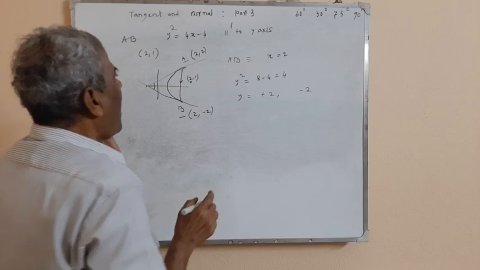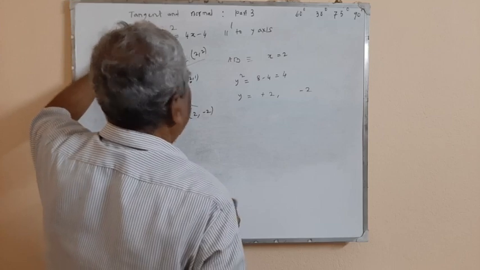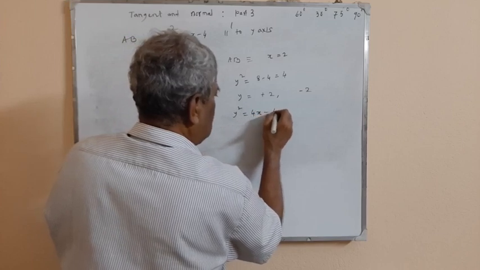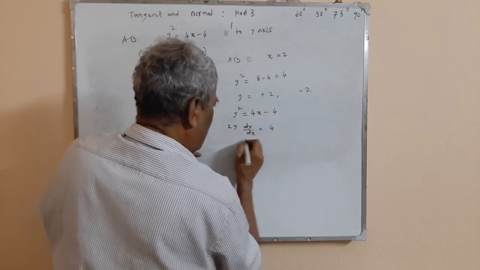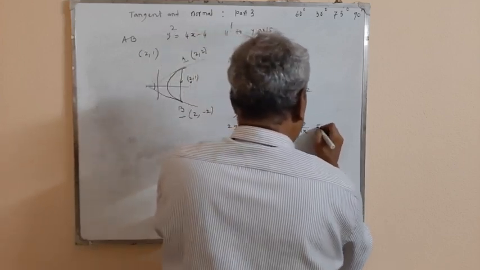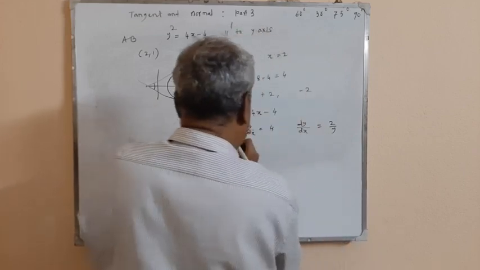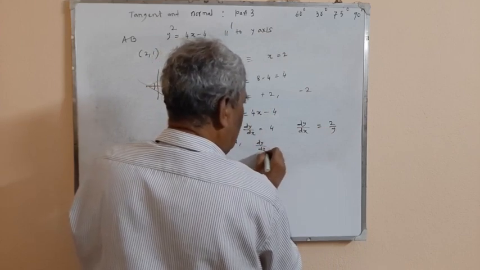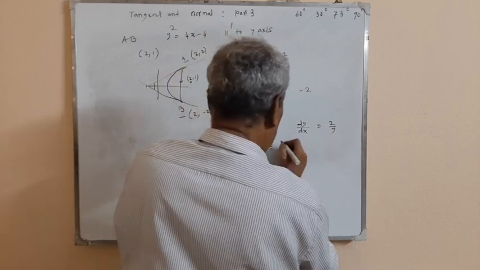Now the gradient of the tangent at the point A can be obtained from there. It is given that y square is equal to 4x minus 4. Therefore 2y dy dx is equal to 4. Therefore dy dx is equal to 2 by y. So at A, which is 2, 2, dy dx is equal to 1.